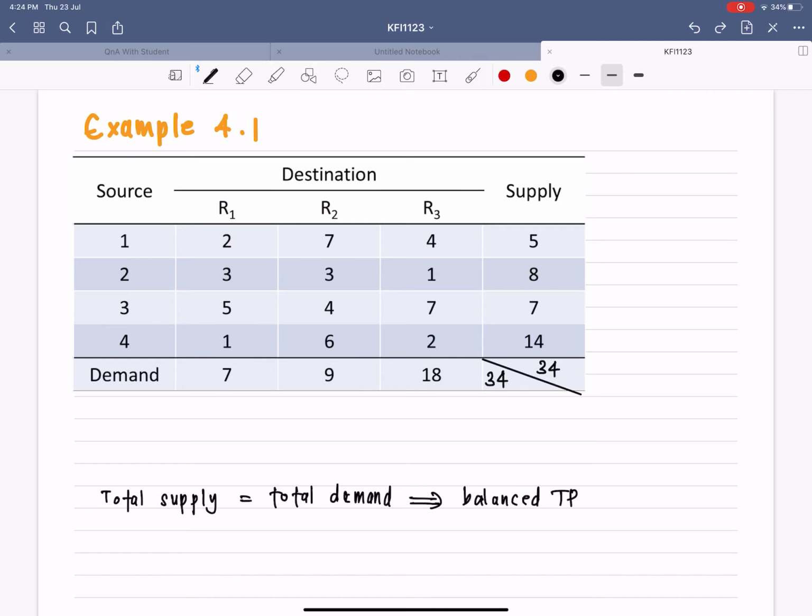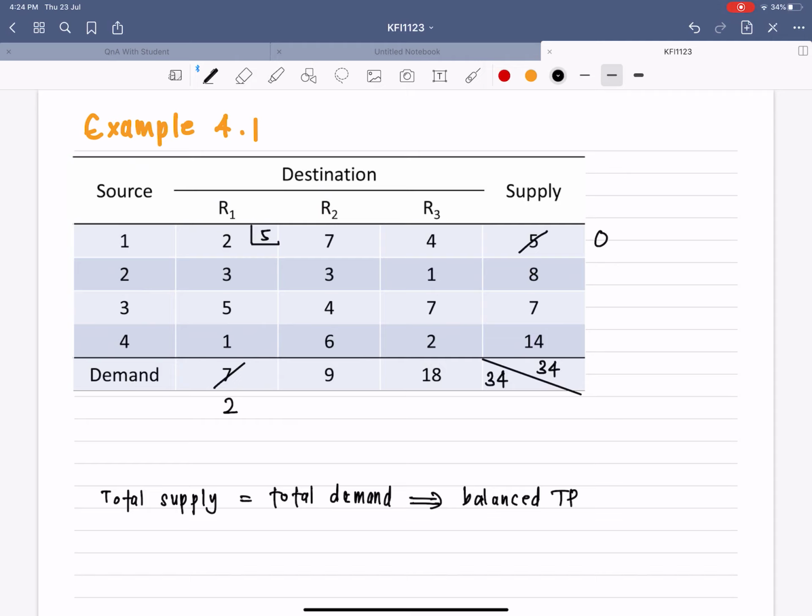So what's left here will be 0 and here what's left will be 2, because 7 minus 5 is 2, and 5 minus 5 is 0.